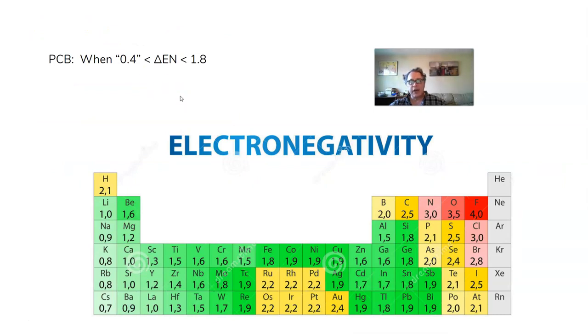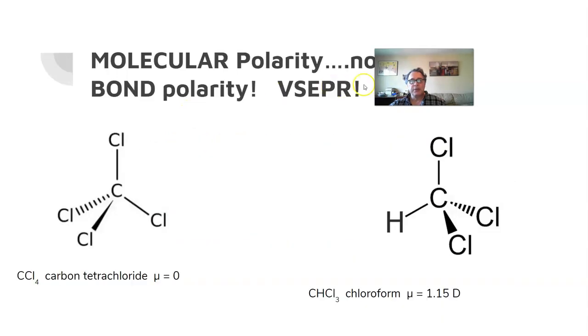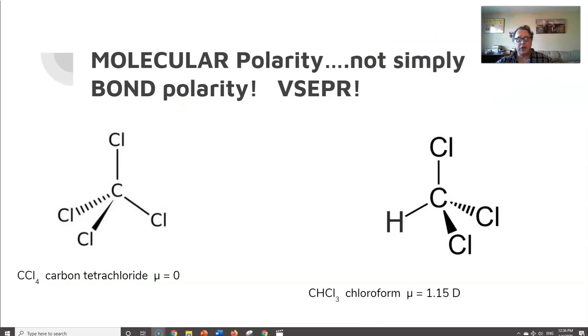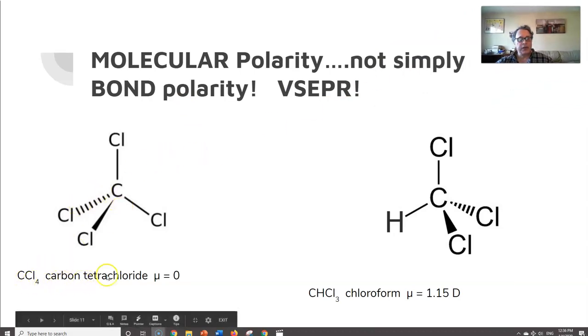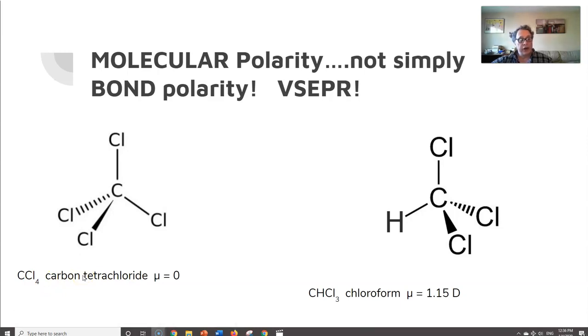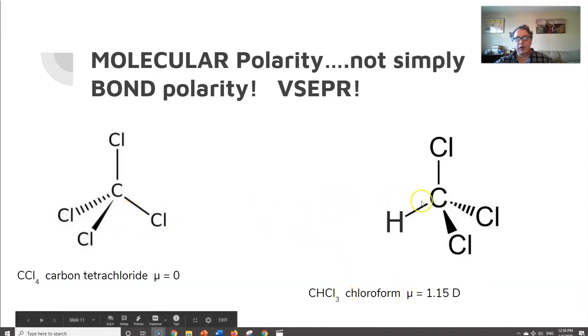So how does this work in practice? Well, let's look at these two molecules. This is carbon tetrachloride, CCl4, carbon tetrachloride, right? And we'll learn how to name these compounds when we do organic chemistry, which you'll probably not get to until next year. And this is the molecule chloroform, and they're very similar molecules, right?